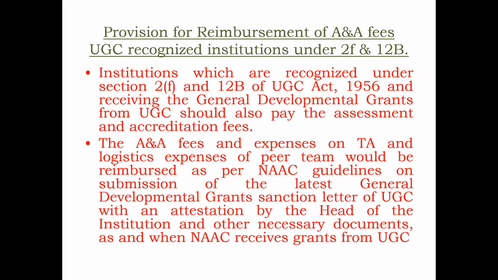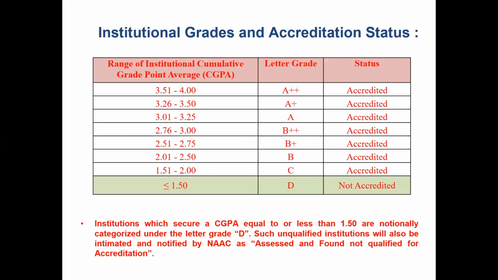So, provision for reimbursement, as I already told: if you are UGC 2F and 12B recognized, and you want to claim the reimbursement of the assessment accreditation fees and the logistic fees, you have to submit the development grant plan along with the documents which you are seeking in the forms. Once we get money from the UGC, then we will refund the amount accordingly.